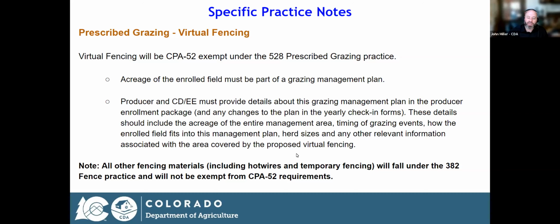These details should include the acreage of the entire management area, not just the field they're enrolling in Star Plus. These details, the timing of their grazing events, how the enrolled field fits into this management plan, their herd sizes, and any other relevant information that would be associated with the area covered by the proposed virtual fencing.